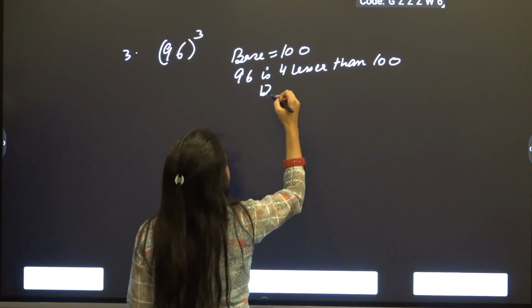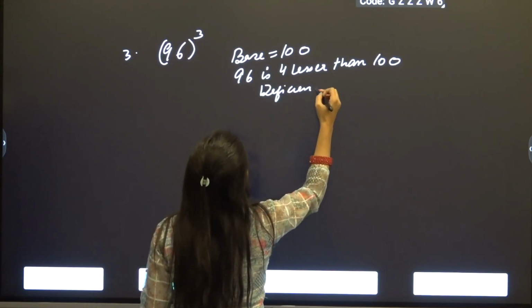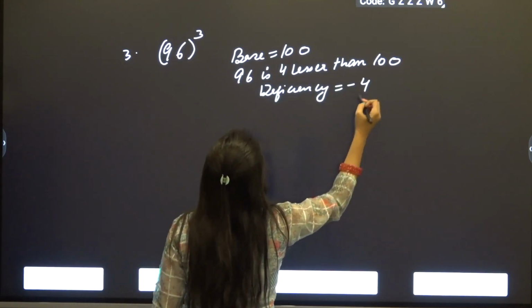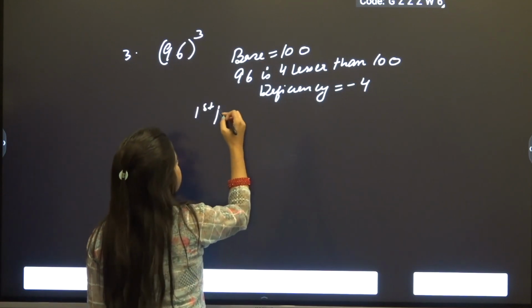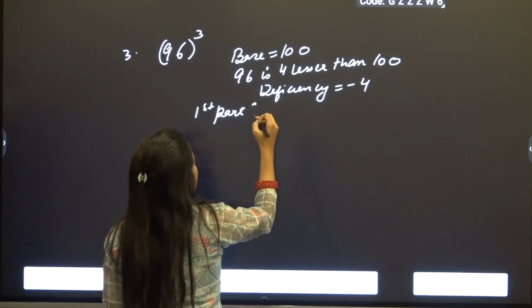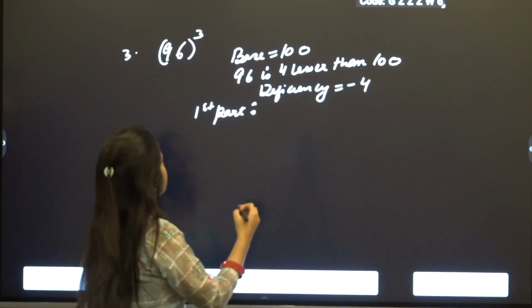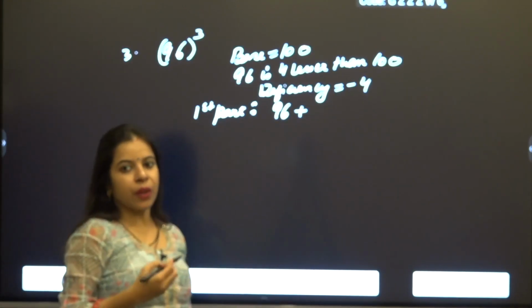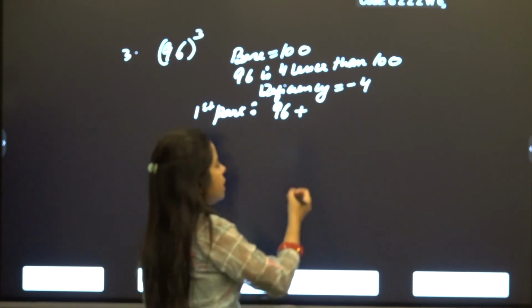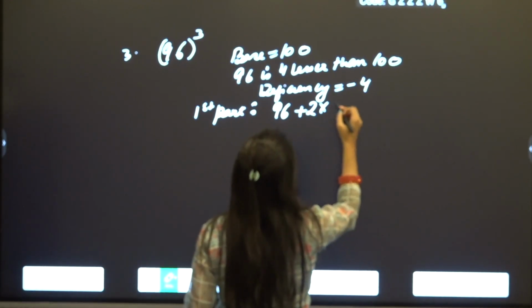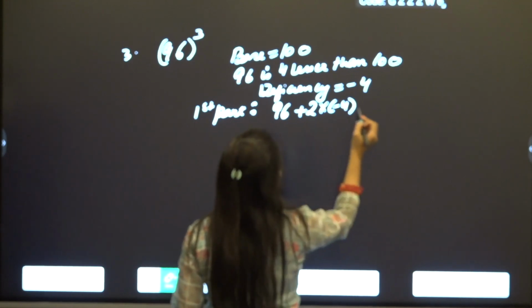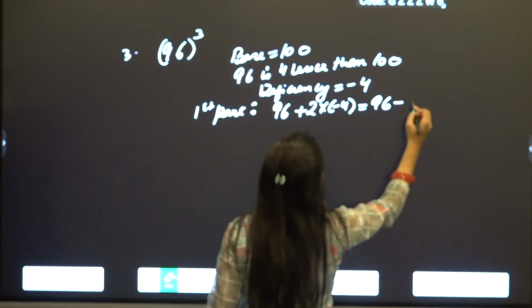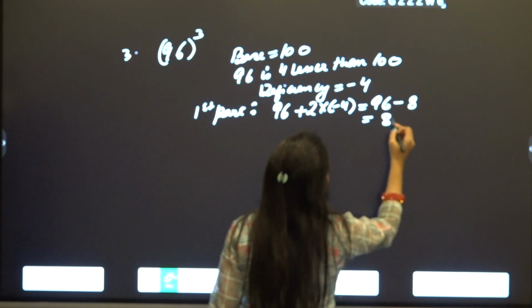So deficiency is minus 4. So for the first part, I am going to consider the number 96 and add 2 times the deficiency, which is minus 4, and this is 96 minus 8, which is 88.